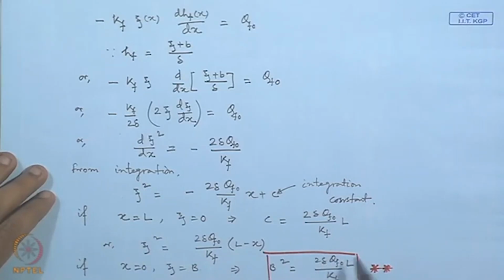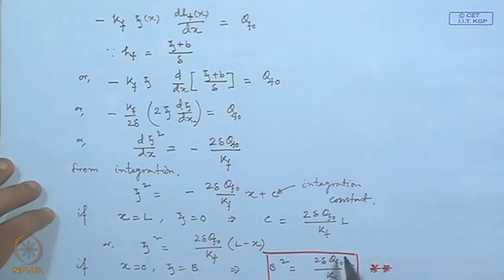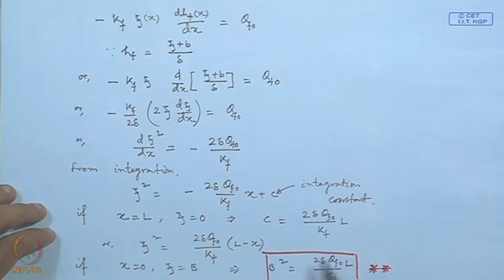Kf is the freshwater hydraulic conductivity, Qf as we have defined in our assumptions, and L is the seawater wedge length. So, this is somewhat parabolic in nature. So, we can say that saltwater interface in confined aquifer is parabolic in nature.